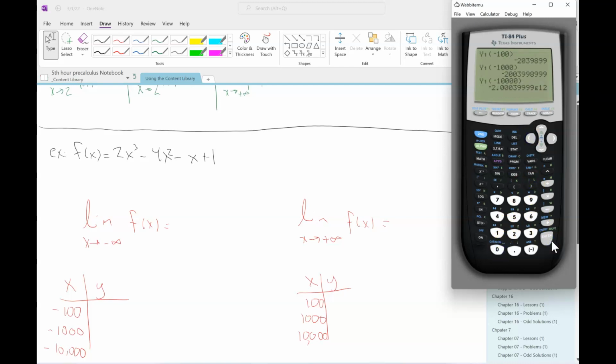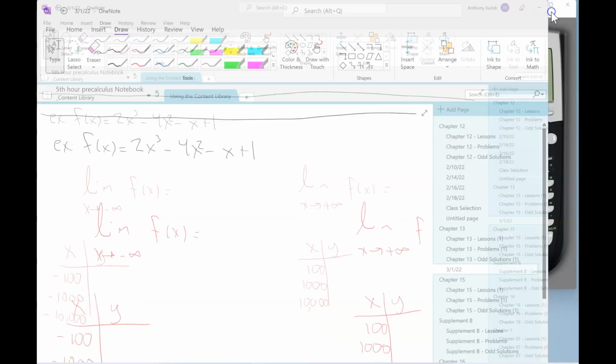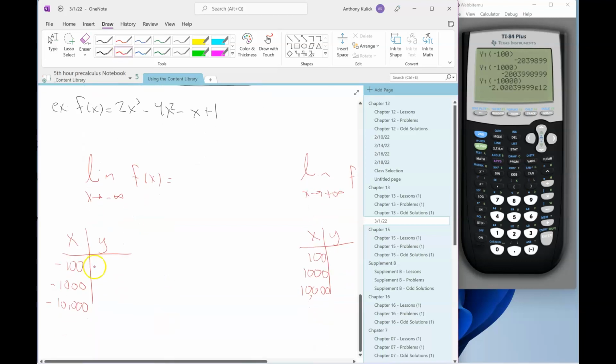So let's see, what do I got here? I got negative 2 million and some change there. Then I got negative 2 billion and some change there.